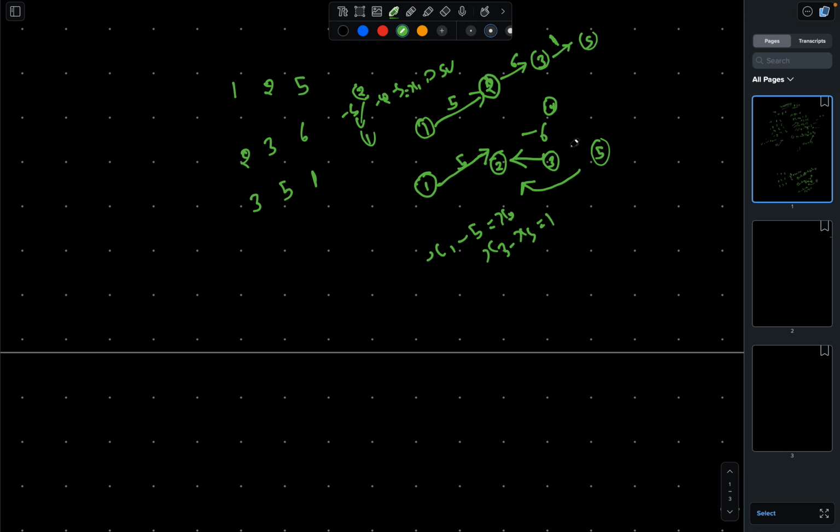So how we can calculate this is, when we are going to find the ultimate parent, in each node we will store the distance from the ultimate parent. For example, this node is 5 from the ultimate parent, this node is minus 6 from the ultimate parent.